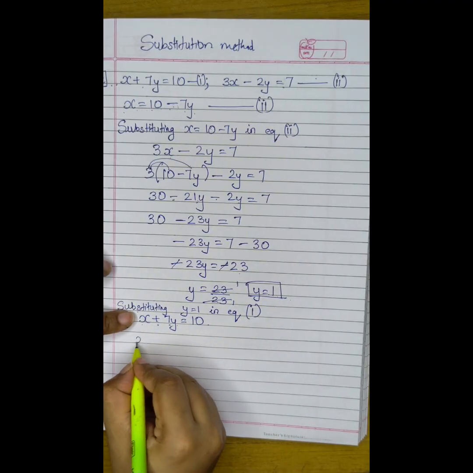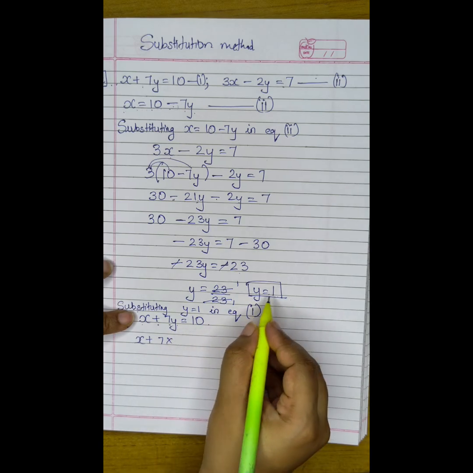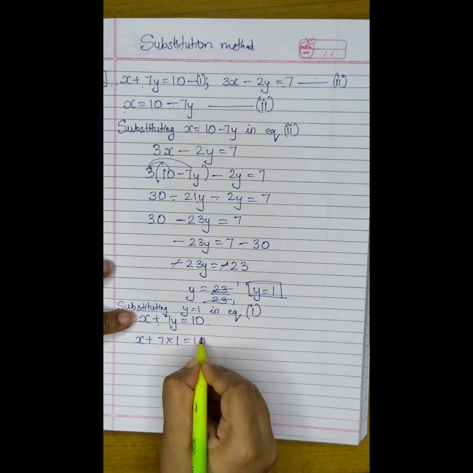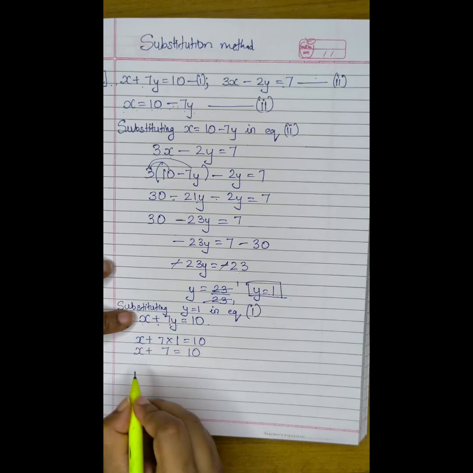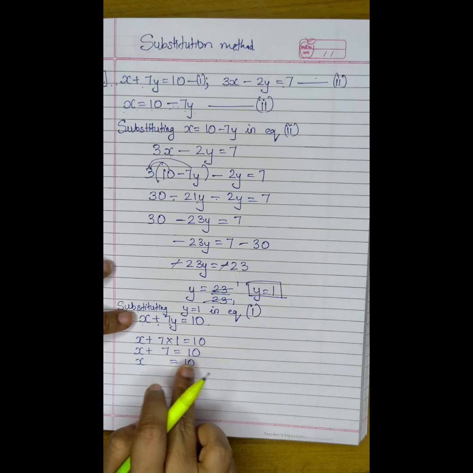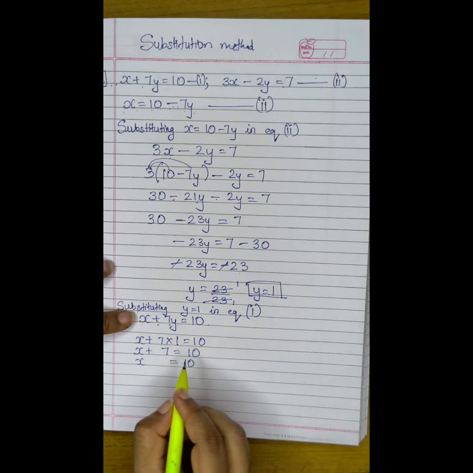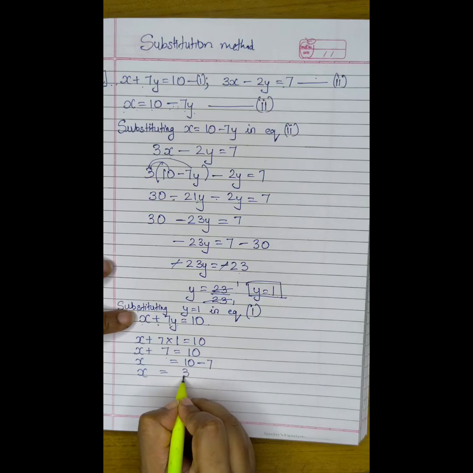So write x as it is, plus 7 multiplied by 1 is equal to 10. Now x plus 7 is equal to 10. So x is equal to 10 minus 7. Get the numbers together over here. Plus 7 will become minus 7. So x is equal to 3.